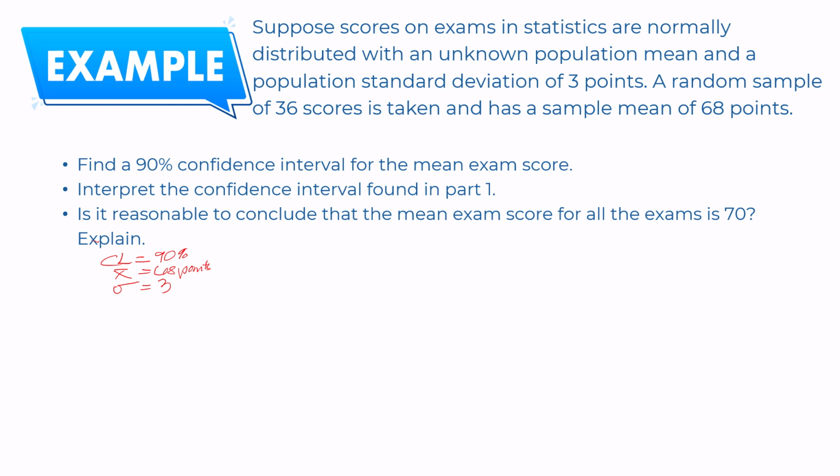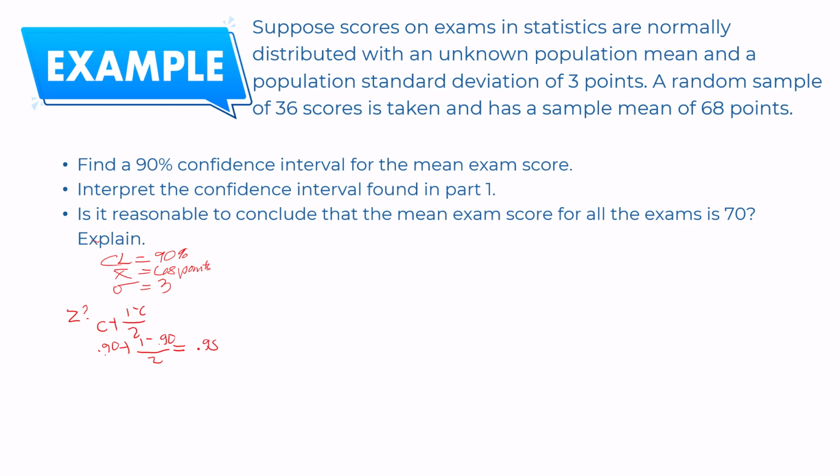So let's compute first for our Z. For Z, again, we use C plus (1 minus C) over 2. So this is 0.90 confidence level plus (1 minus 0.90) over 2. When you compute for that, it's equal to 0.95.